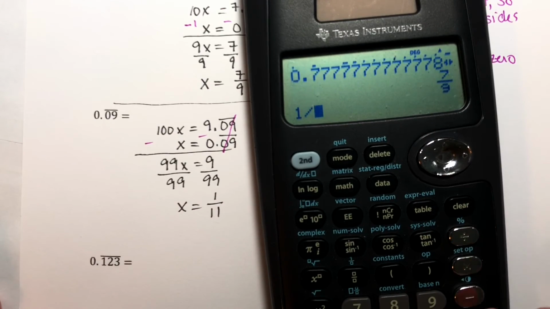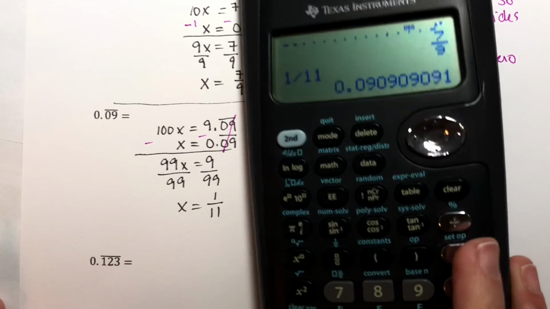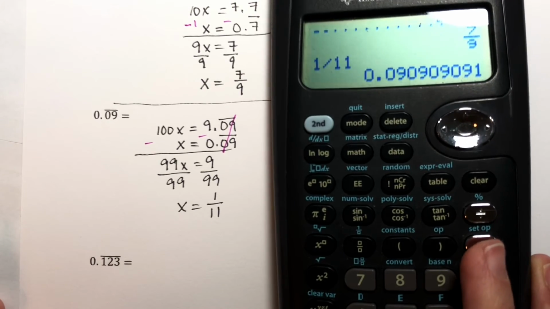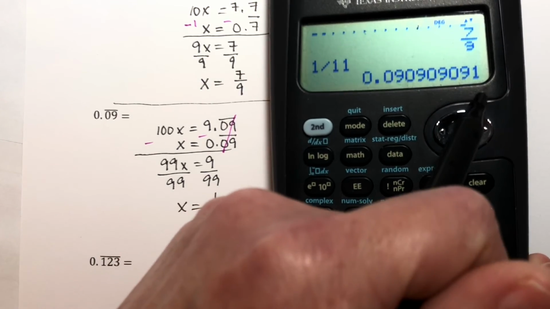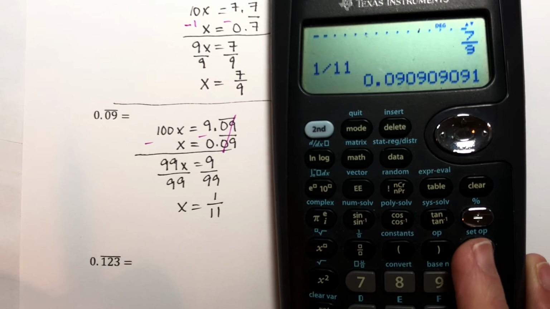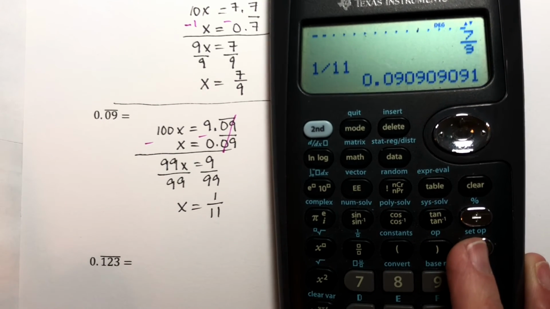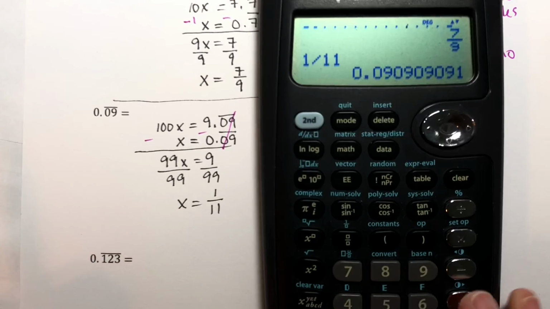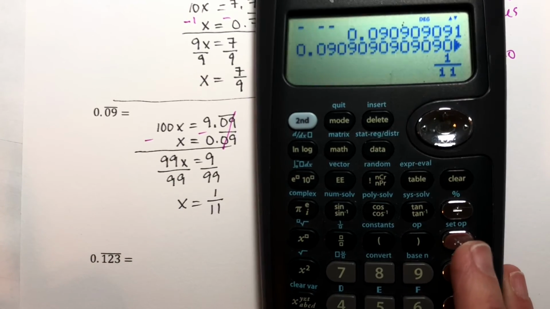Divide 1 by 11, and you can see that you get 0.09, and that repeats. Again, they rounded right there, that last digit. So you can see that these are equivalent. And if you tell it to convert to a fraction, it will give you 1/11.